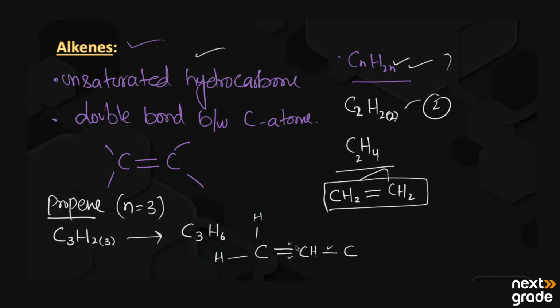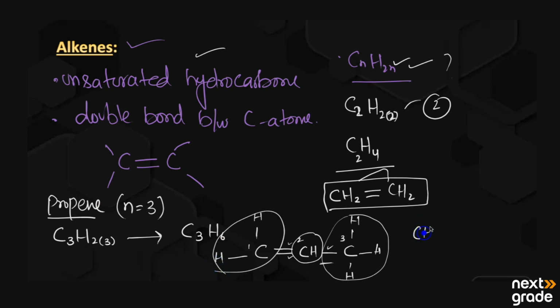On the other hand, the last, third carbon has one bond, so it has three more hydrogen atoms. So by counting we have CH3, CH double bond CH2. Its condensed structural formula is CH2 double bond CH bond with CH3. Its name is propene. The ene shows that it is an unsaturated hydrocarbon from the class alkenes.